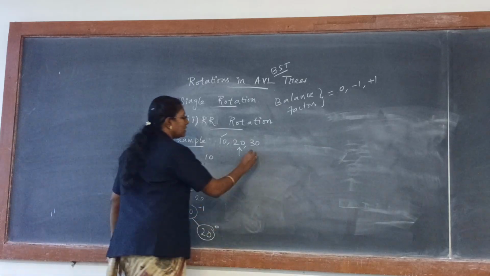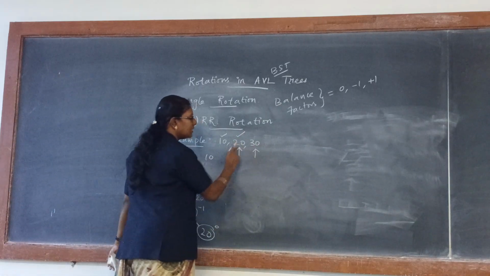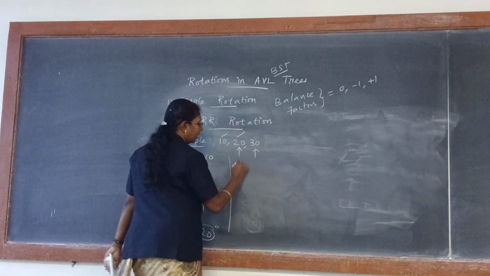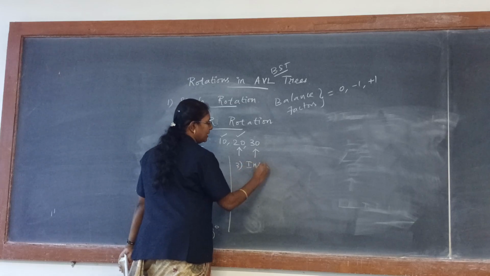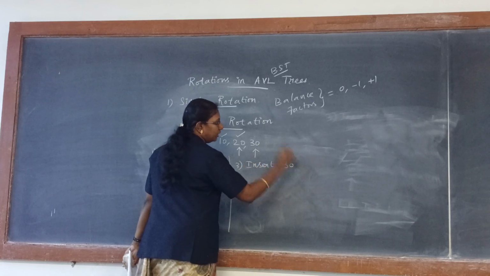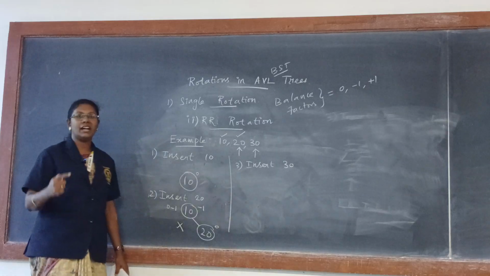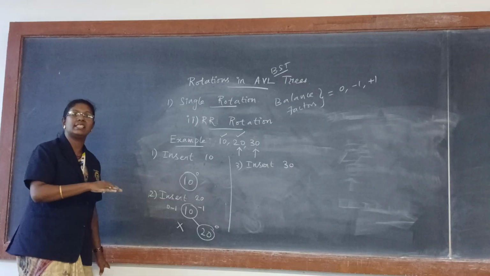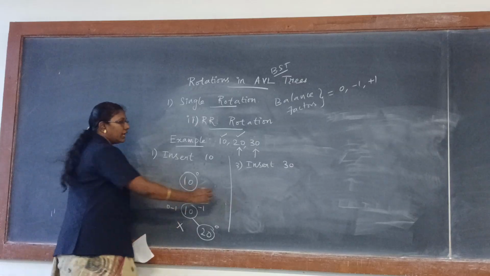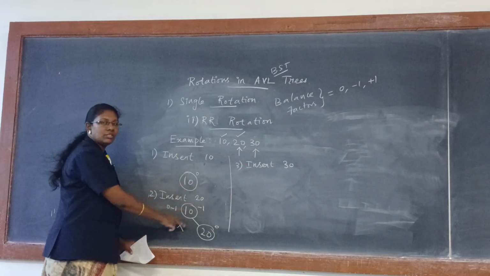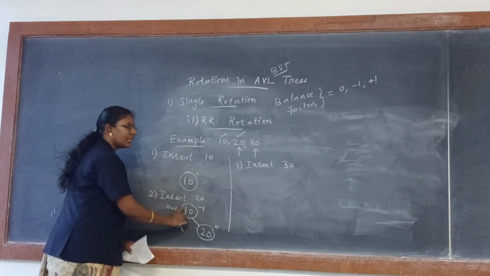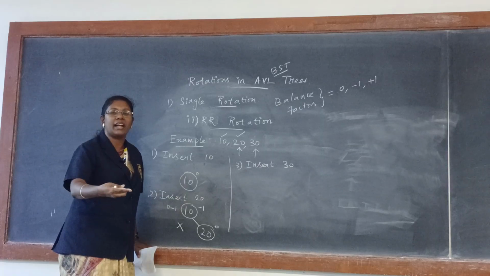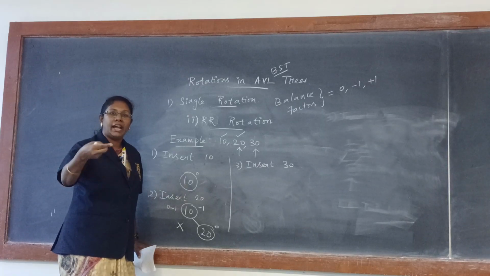Now I'm moving towards the value 30 after inserting 20 in the AVL tree. For this third step, I'm going to insert 30. For inserting 30, again we need to compare 30 with the previously inserted node values. Compare 30 with 10: 30 is greater than 10, so obviously 30 will come towards the right hand side and form the right subtree.